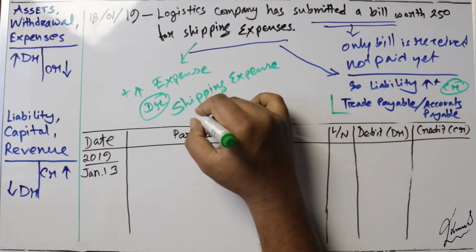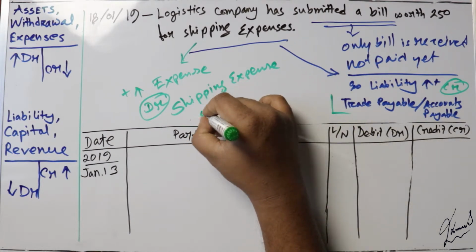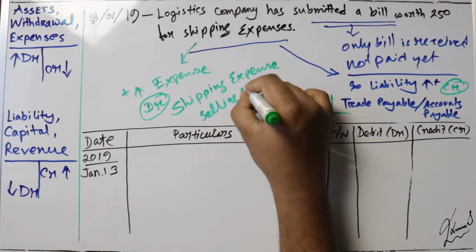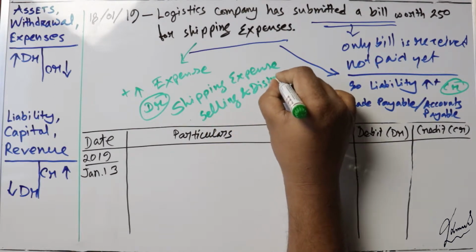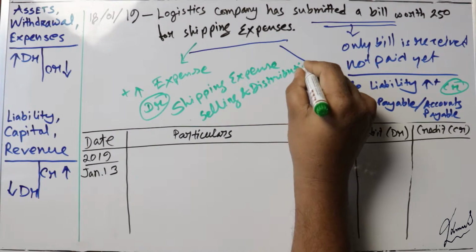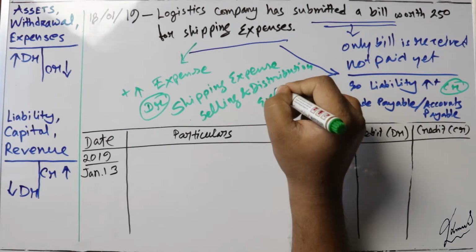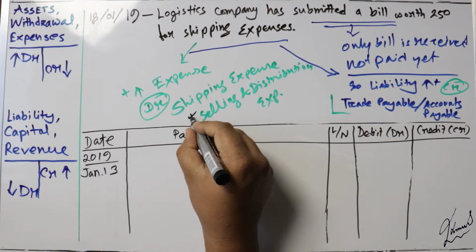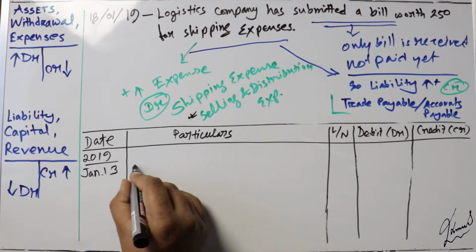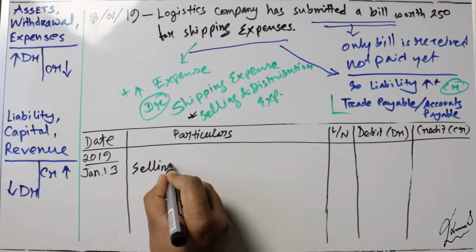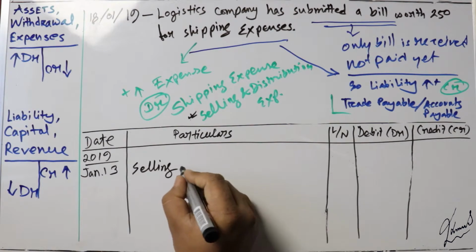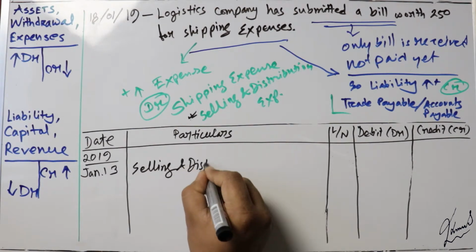So I prefer to use selling and distribution expense because it is a broad account, a controlling account, and a lot of accounts can be put under this ledger. So for simplicity, I will use selling and distribution expense. So this is our debit account, that is selling and distribution expense.